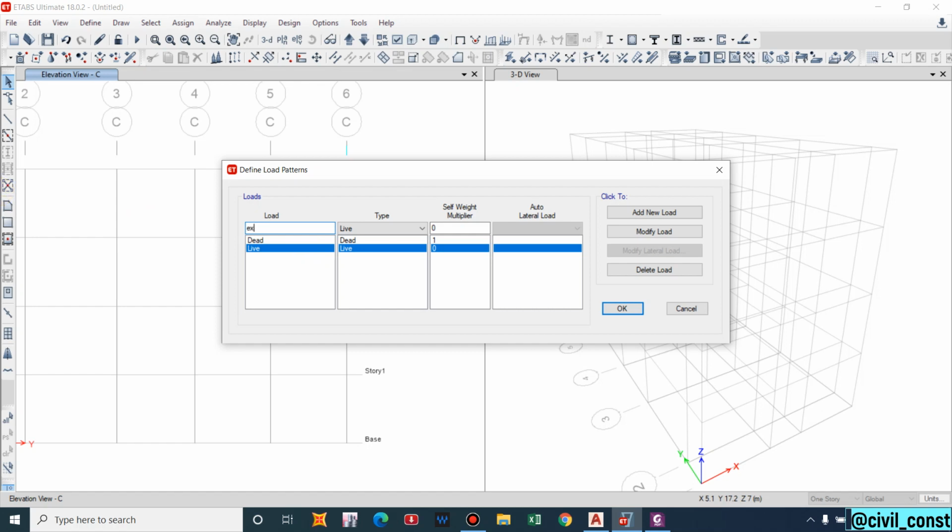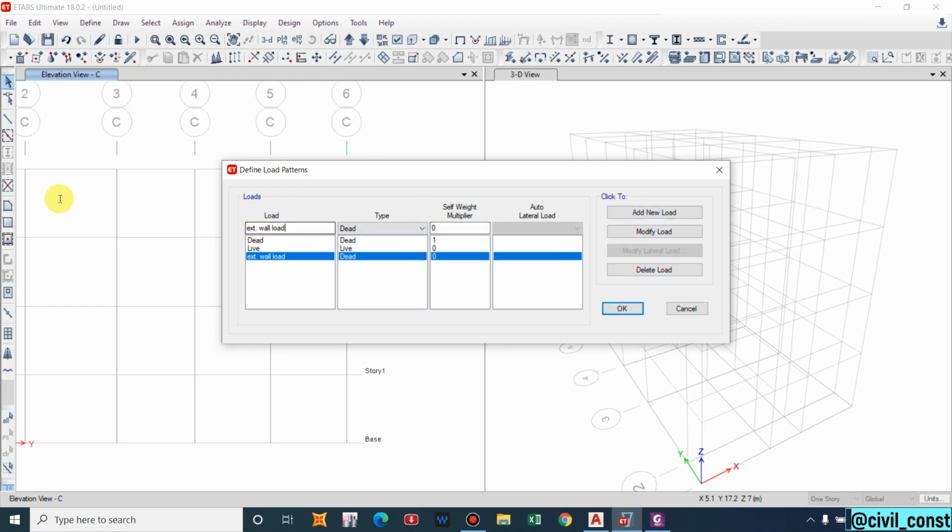So, external wall load: this is a dead load, and self weight multiplier 0, because we will give the load ourselves. We are not going to draw the element, so it will not consider the self weight; we will give it by our calculation.